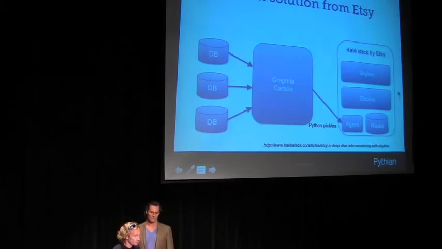Kale Stack includes Skyline, which is basically an anomaly detection package for time series data. They come up with a few algorithms, and when those algorithms detect an anomaly, they combine the results together and try to come up with anomalous metrics.